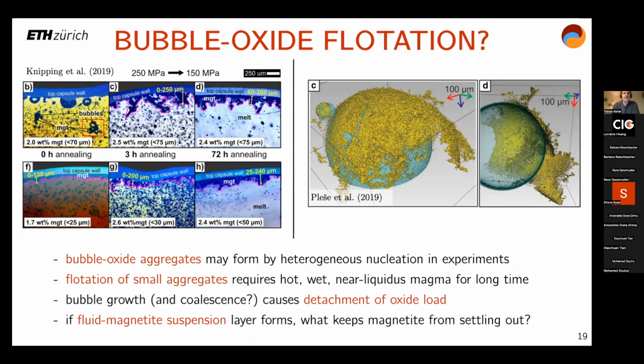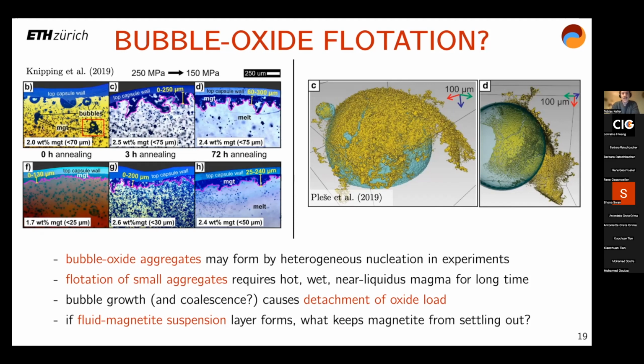So in these experiments, basically, these are iron-rich basalts that are water saturated, and they first form water bubbles, and then later, when oxides become saturated and crystallize out near the liquidus, they tend to like to nucleate on the bubble-magma interface, because that's an energetically favorable position for them to be. And it can be the other way around as well. If oxides come out first and then the melt becomes water saturated, then bubbles like to nucleate on oxide surfaces as well.